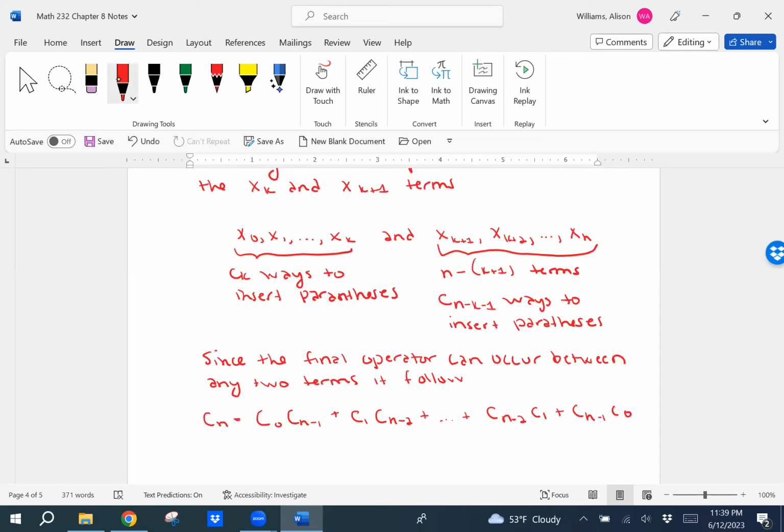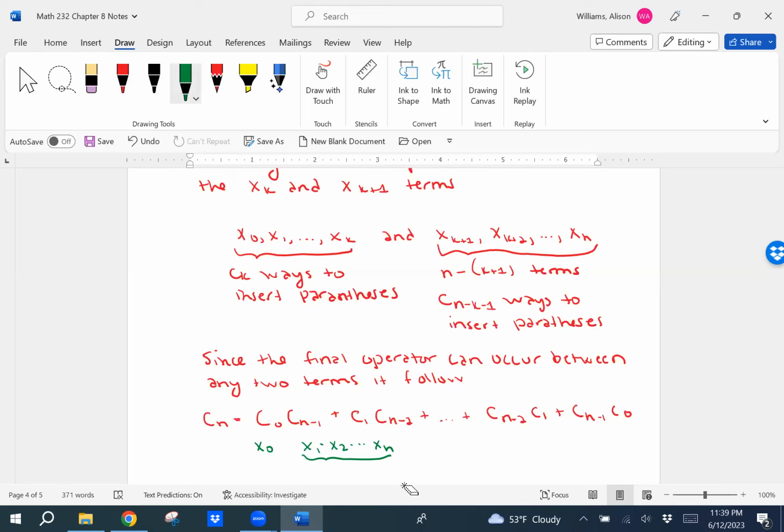So the idea is this is separating it as x sub 0, and then all the rest of the terms, x sub 1 down to x sub n. How many terms are there here? There's n minus 1 terms.